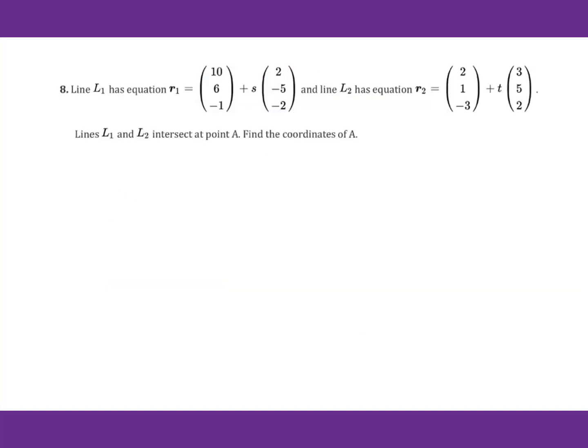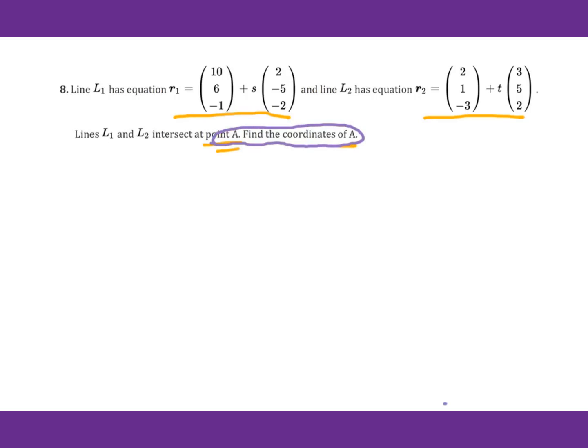Let's go to number 8. Line L1 has this vector equation. Line L2 has an equation like this. Lines L1 and L2 intersect at point A. Find the coordinates of A. When you find the coordinate of the intersection, we set these two equations equal to each other.